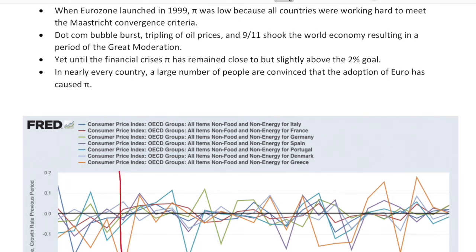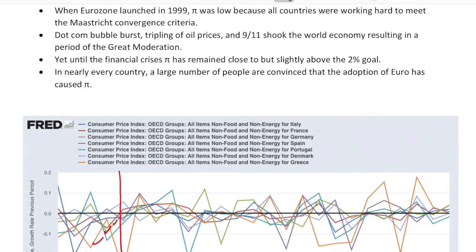If you were to say that this is 1999, the red line in the graph below, you'll see that inflation is very noisy, but starting in, say, about 1996, about here, inflation is super noisy, but it's all converging towards a lower rate, which is close to zero, plus or minus zero, and all that was designed to ensure that countries can become a member of the Eurozone.